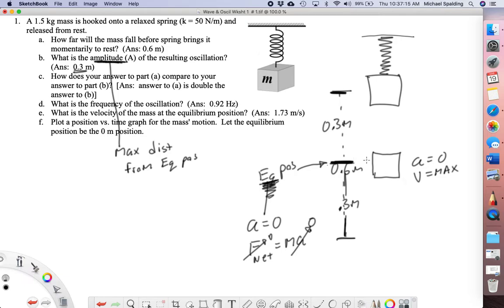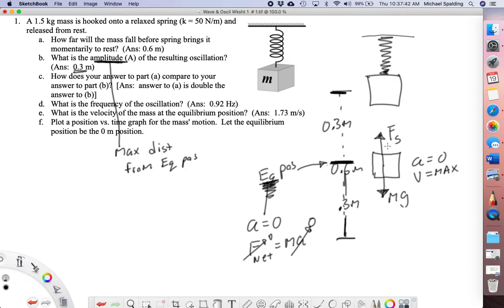Because as it passes this midpoint, the two forces on the mass are gravity down, we have mg down, and then the upward force is force of spring. Because if you think about this, as the mass pulls the spring down, the spring exerts a force back. As soon as this spring starts getting pulled downward, it exerts an upward force.